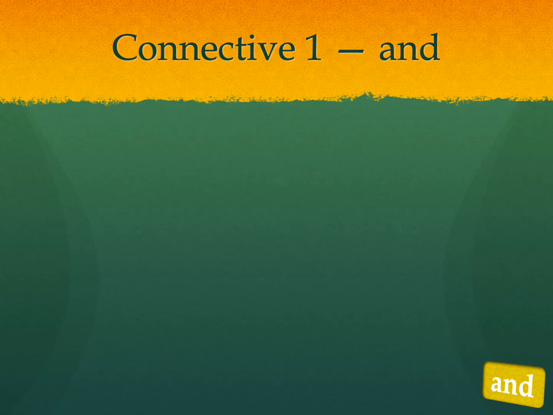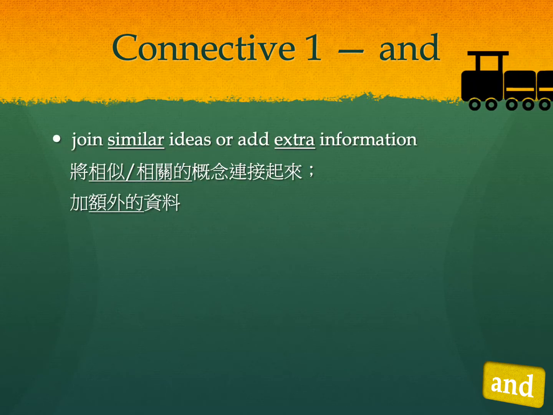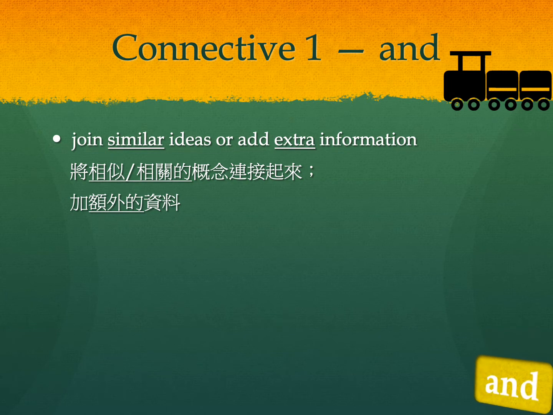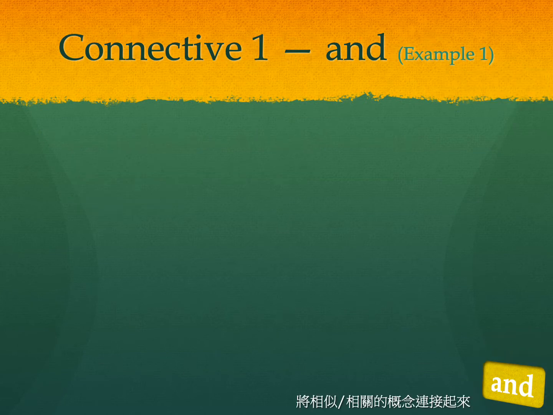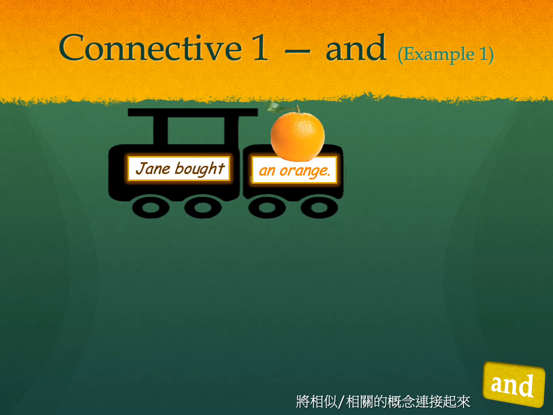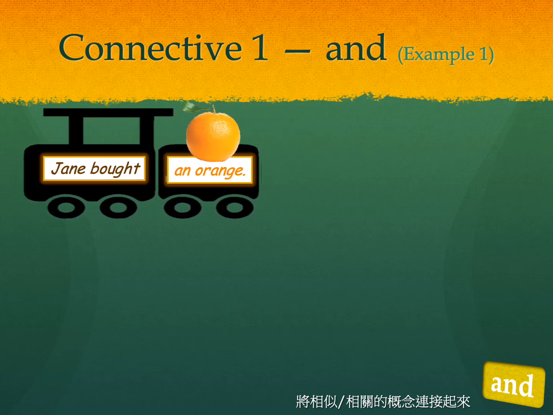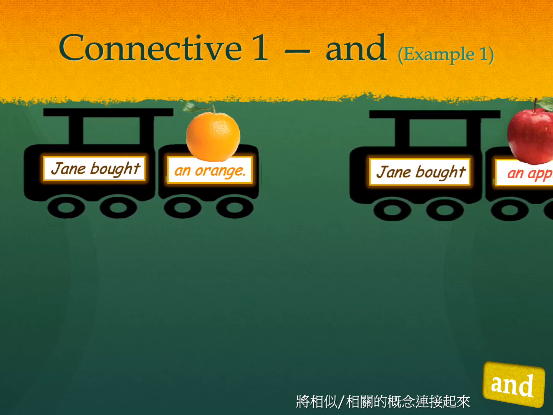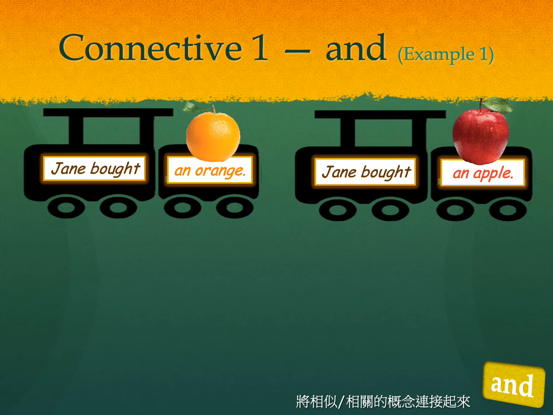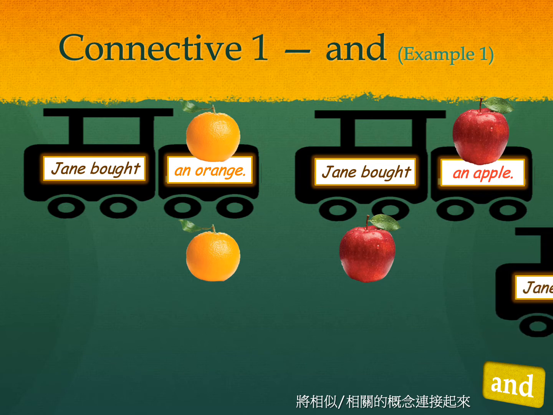There are two different uses of the connective and. First of all, we use it to join similar ideas or add extra information. Let's look at some examples. Example 1. Let's look at this train. Jane bought an orange. Another similar train. Jane bought an apple. Since orange and apple are similar ideas, we can use and to join them together, like this.